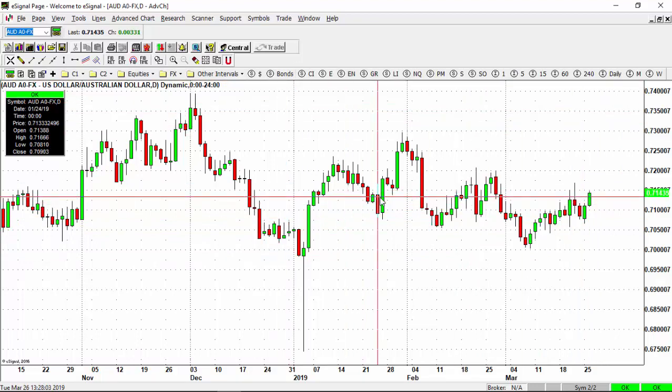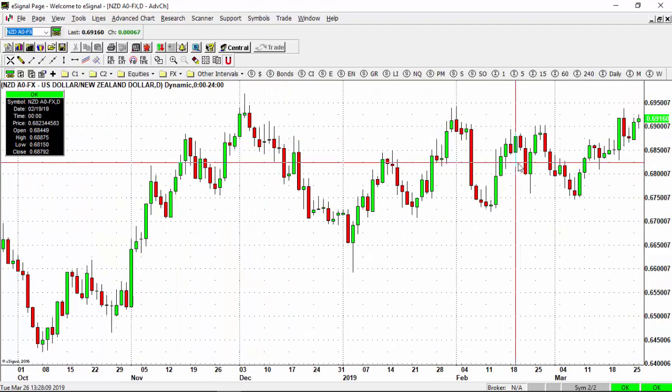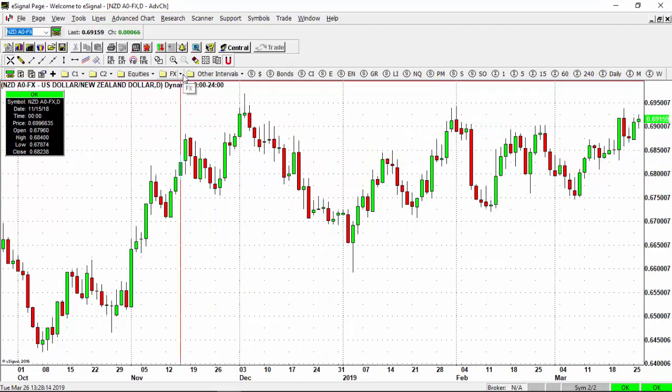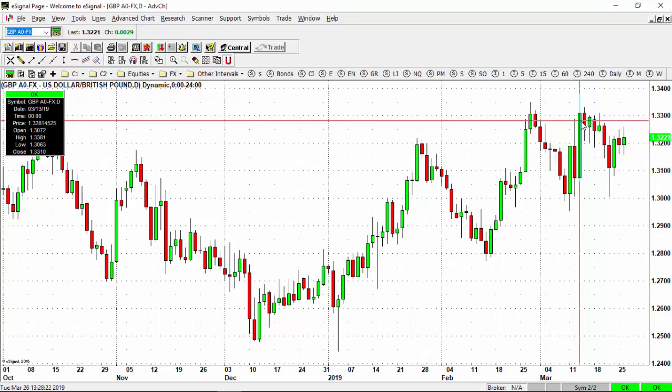So we are seeing some divergent price action there. If you take a look at the New Zealand dollar, same situation. Market is up, while the US dollar index is also up. The British pound is up while the US dollar index is up. So the currencies are not totally in line with each other.